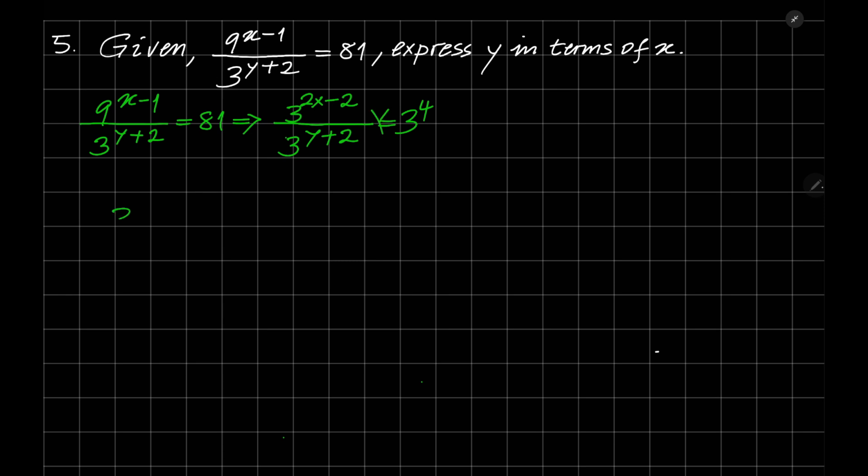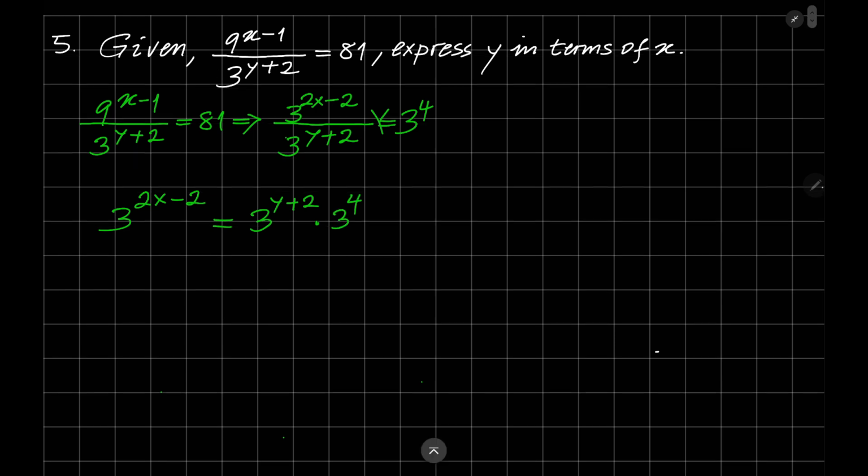That means 3 to the power of 2x minus 2 is equal to 3 to the power of y plus 2 times 3 to the power of 4. Then 3 to the power of 2x minus 2 is equal to 3 to the power of y plus 6, which implies that 2x minus 2 is equal to y plus 6.